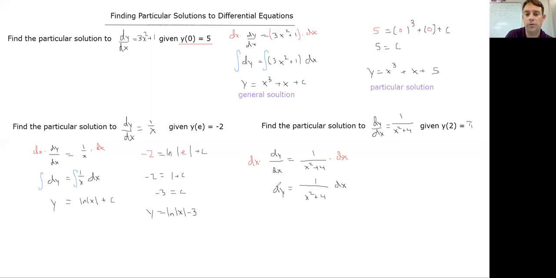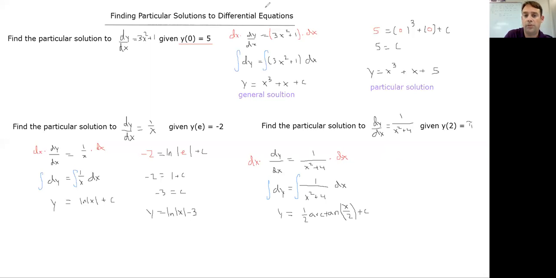So we're going to integrate both sides. And we end up with y equals, this is going to be an arctan, so 1/2 arctan of x divided by 2 plus c. Okay, so there's our general solution.